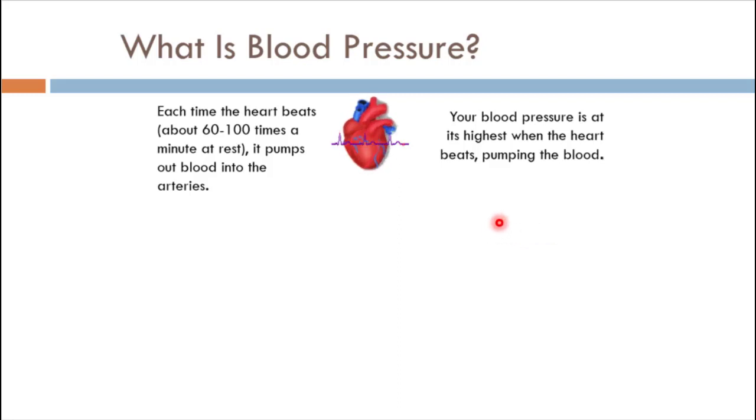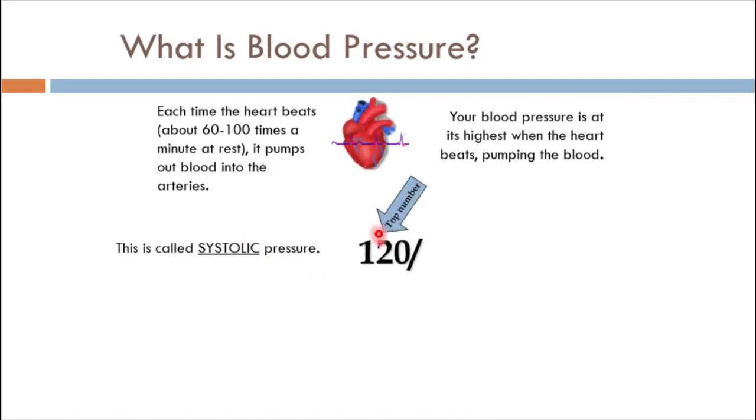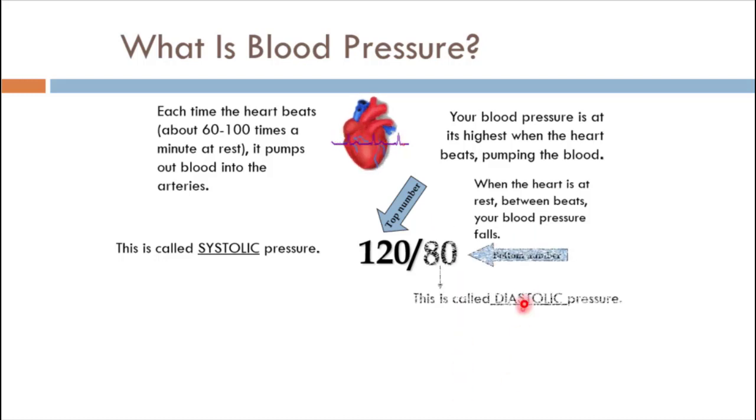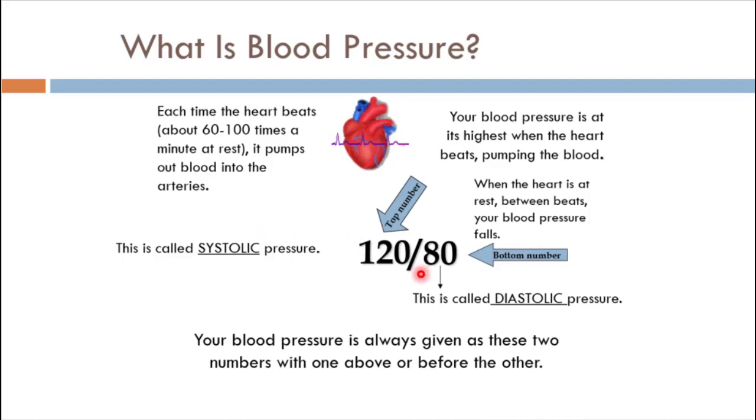And so you're going to have a pressure during contraction and a pressure during relaxation. So that pressure during contraction is the systolic blood pressure. That's the first number that you get when you assess blood pressure. When the heart is relaxing and in between contraction, as it's refilling, there's a residual pressure, and that number is the diastolic pressure.